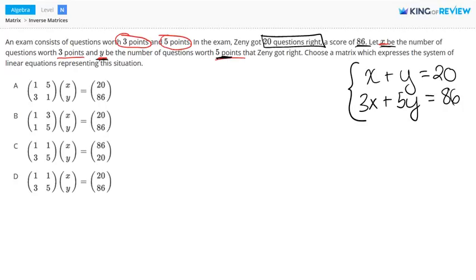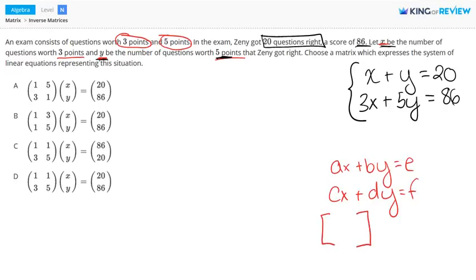But now we need to express this using matrices. If we have two equations that are in the form AX plus BY equals E and CX plus DY equals F, we can represent them using matrices as follows. First, we're going to have a coefficient matrix.